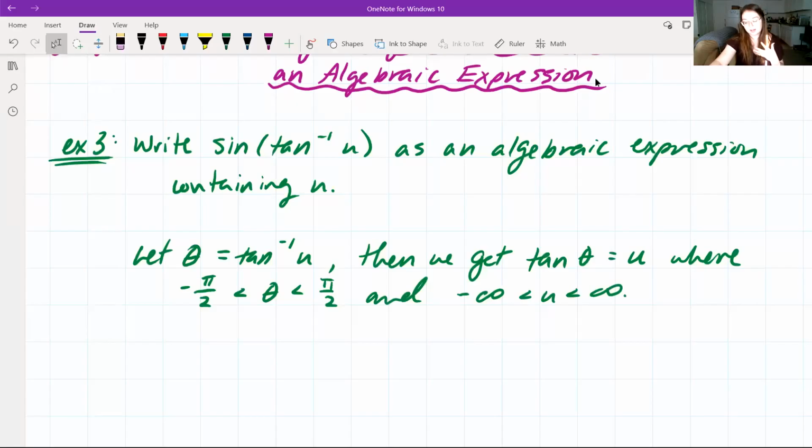Since we stated that theta was between negative pi over 2 and pi over 2, we're first going to acknowledge that our values of secant theta and sine of theta are both going to be greater than 0.